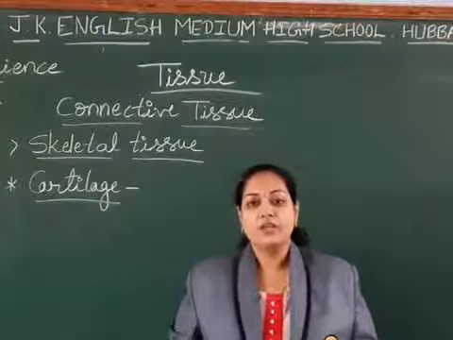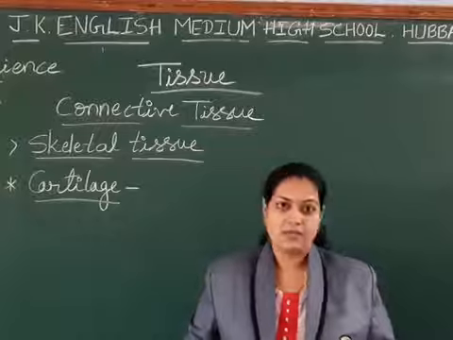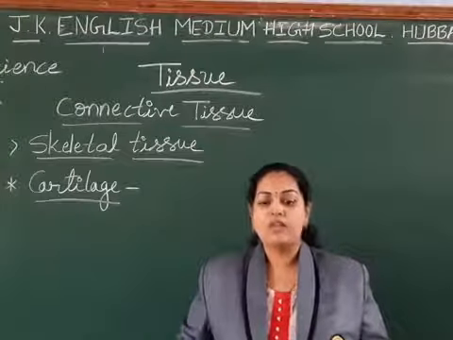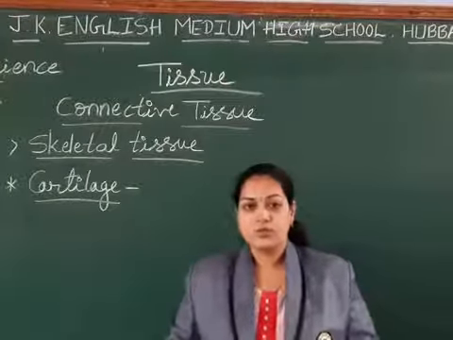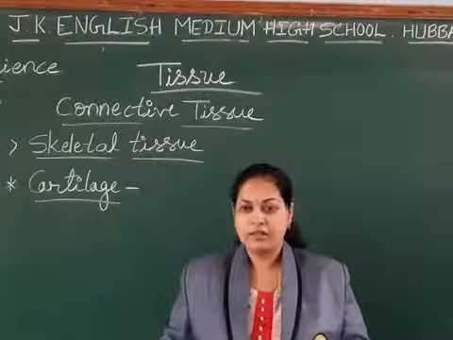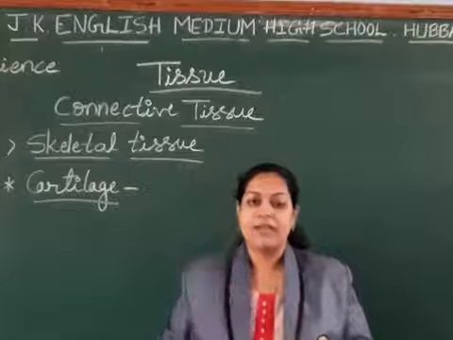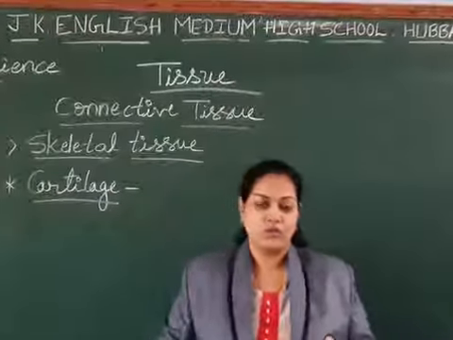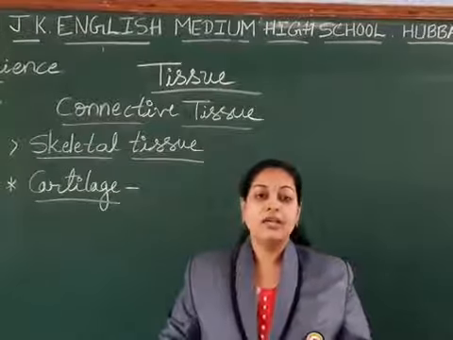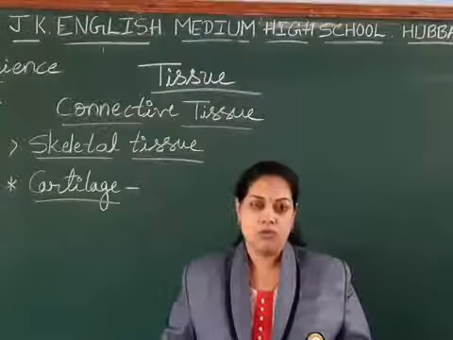In the connective tissue, again there are so many types, like areolar tissue or the loose tissue, adipose tissue, and we discussed the tendons and the ligaments, right? These are all the connective tissue which helps to connect the tissues and organs of the body.